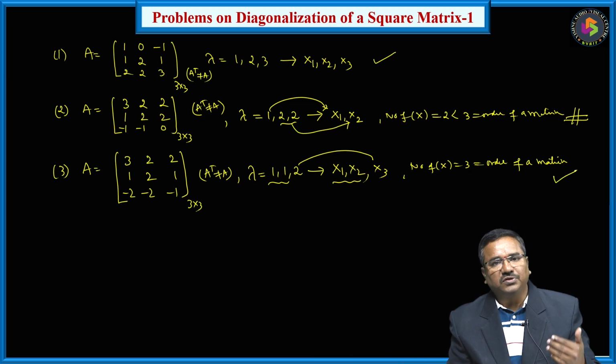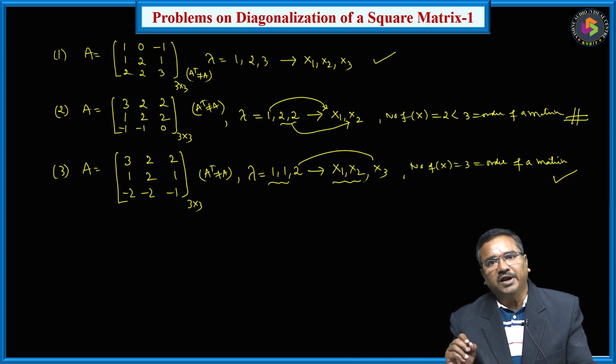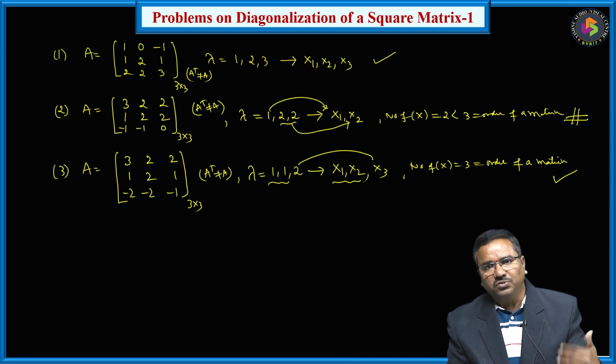Now, from these three examples, what we conclude is, for non-symmetric matrices, if eigenvalues are distinct, we can say directly that it is diagonalizable; just do the process.